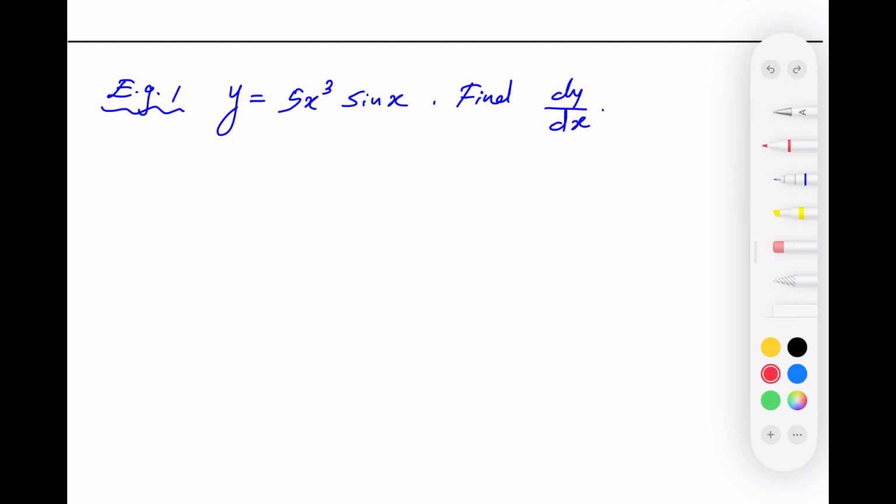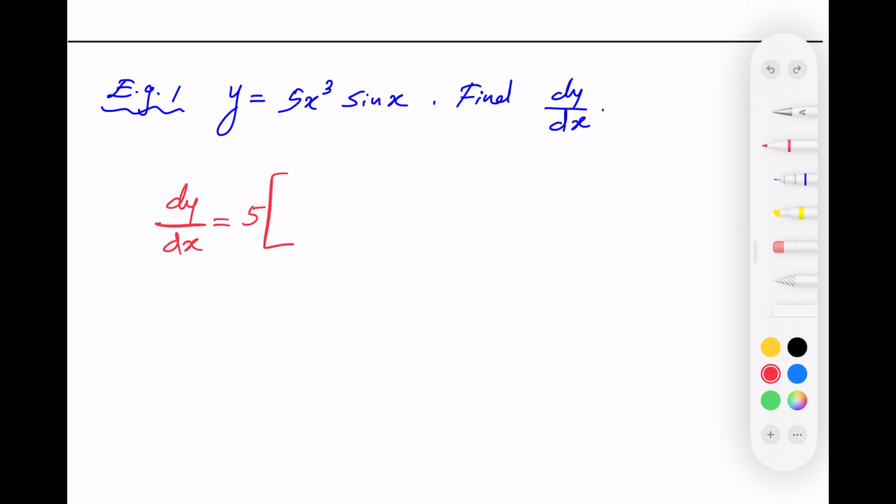Using that second property, I'm going to factor out the 5 and write down dy by dx directly as 5 times, let me open brackets. Now I need to differentiate x cubed times sine x. We can see x cubed is a function of x and sine x is another function of x. They are multiplied with each other, therefore I have to use the product rule of differentiation in order to differentiate them.